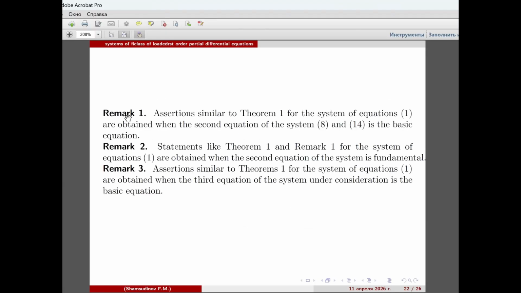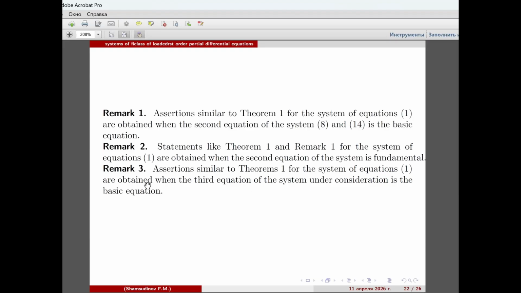Remark 1. Assertions similar to theorem 1 for the system of equations 1 are obtained when the second equation of the system 8 and 14 is the basic equation. Remark 2. Statements like theorem 1 and remark 1 for the system of equations 1 are obtained when the second equation of the system is fundamental.